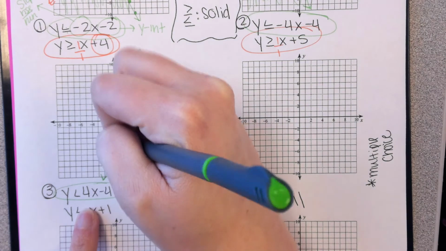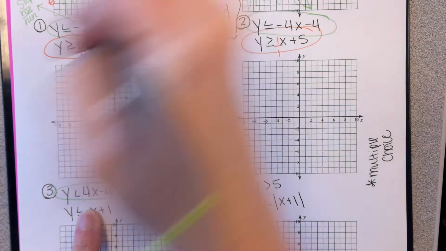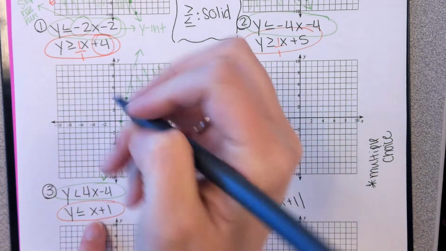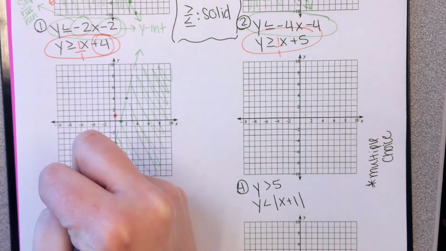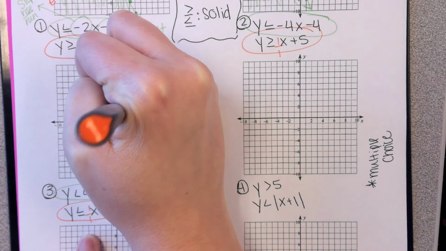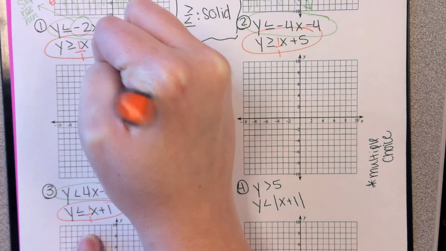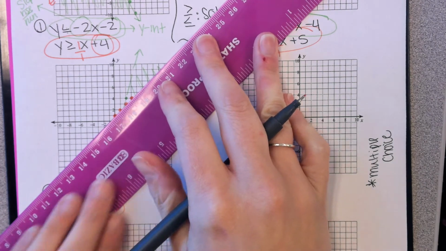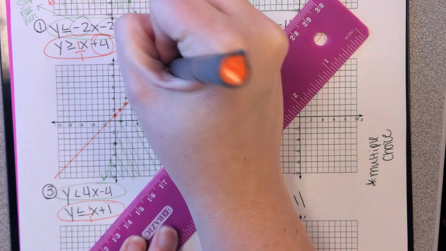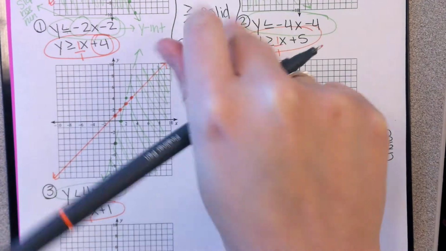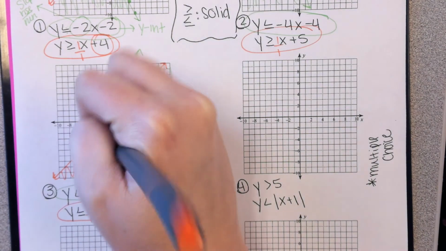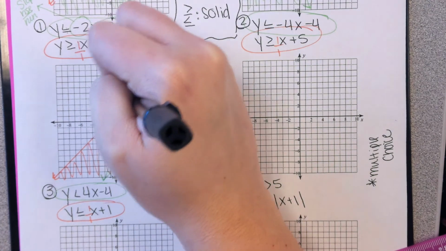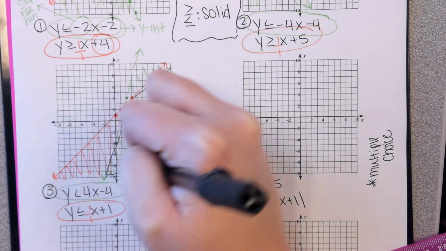So below would be this side. Okay, I'm going to do the same thing with the next one. So my intercept is 1. My slope is 1/1. And it's less than or equal to. So that equal to tells me it's going to be solid. And I shade below. So I'm going to shade everything below that orange line. And if you look, your overlapping region is right here.